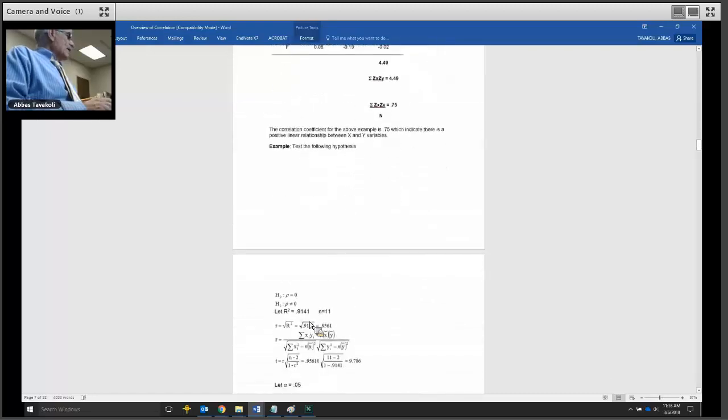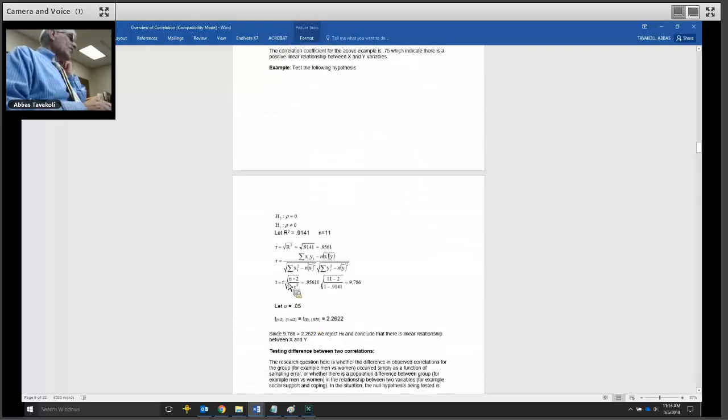The other part is the test statistic. You calculate the t statistic by putting in the correlation times the square root of n minus 2, over the square root of 1 minus r squared. Remember, if your correlation r is negative, put it in parentheses squared so it becomes positive before subtracting from 1. Anytime you calculate a test statistic, if it is greater than the table value, then you reject the null.